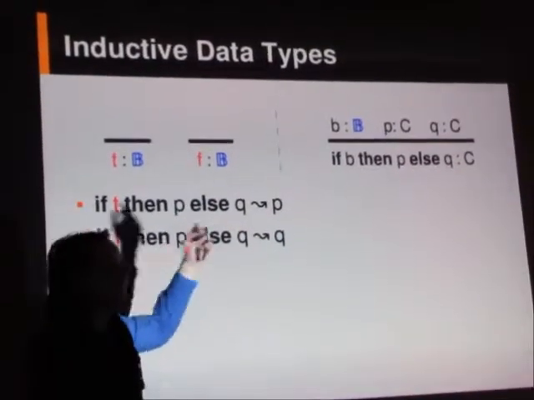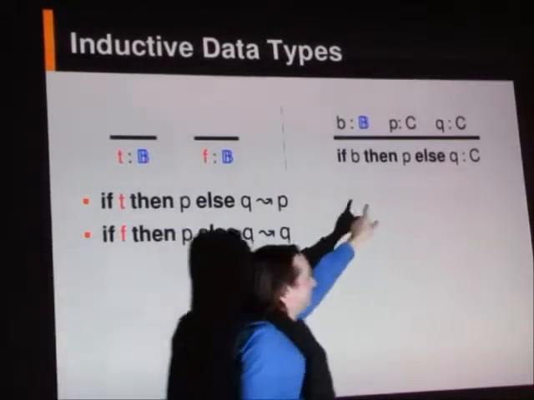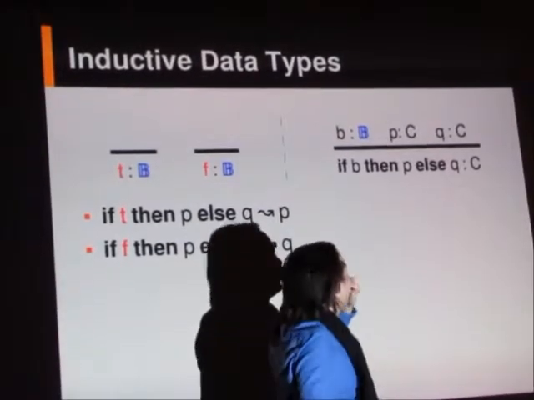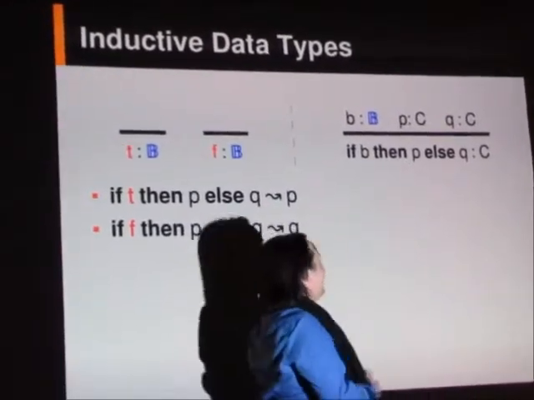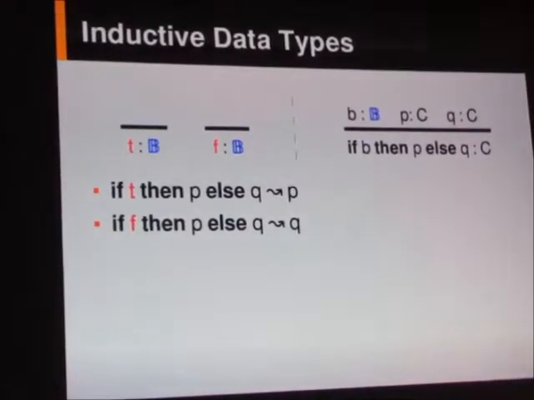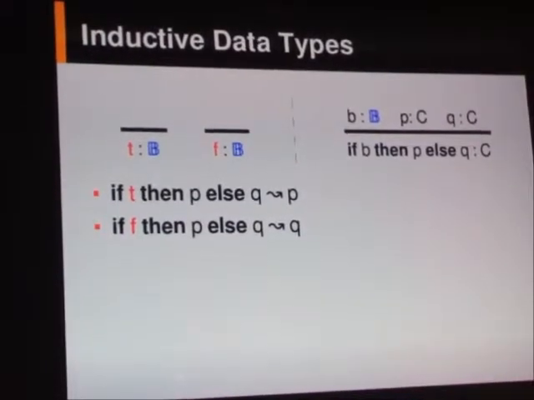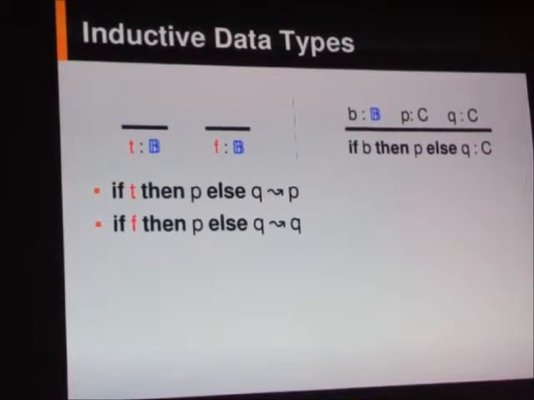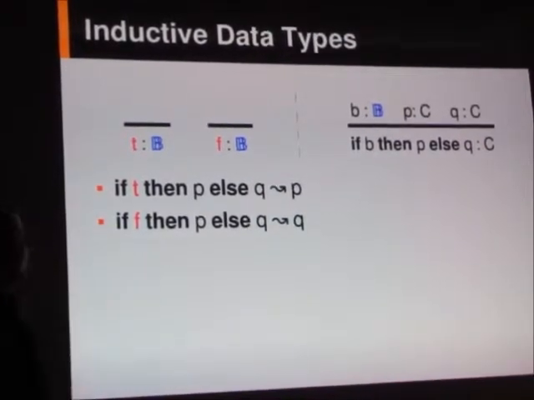But this produces a new C that is potentially different from the C's that you provided as input. But we'll make this more interesting a little bit later. But from a computation point of view, this is totally a legit thing to do.